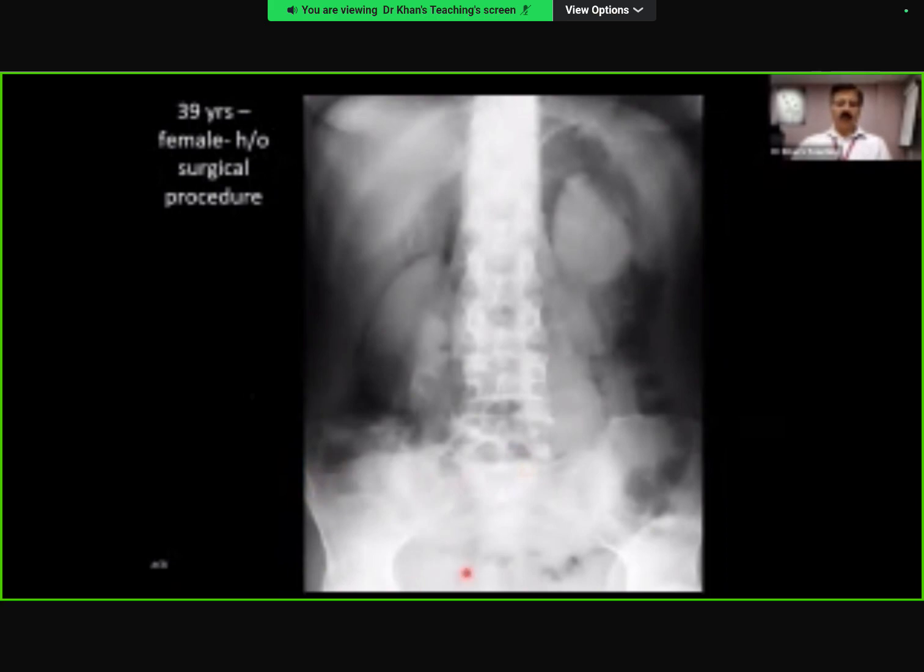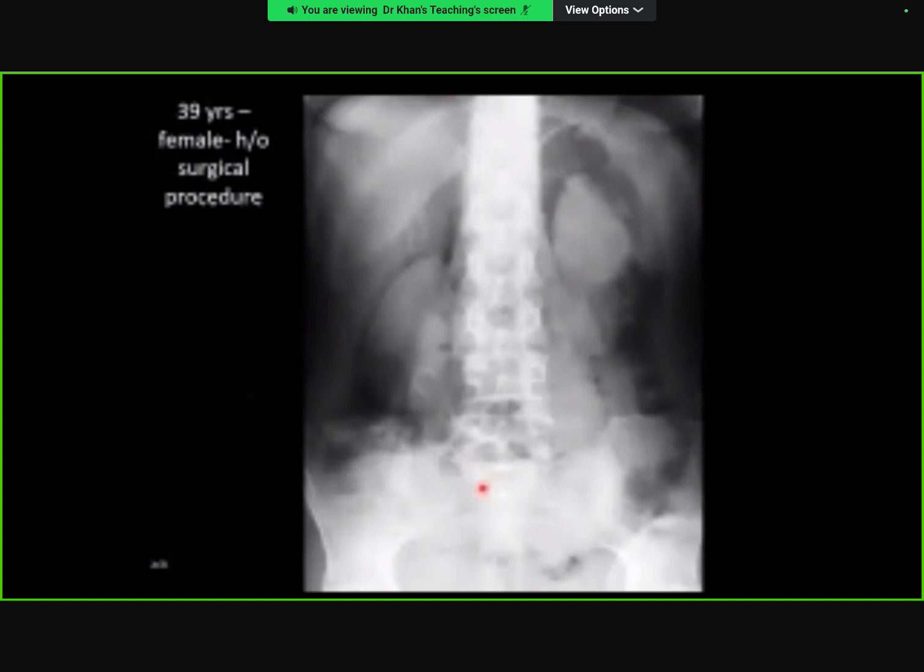Okay, over to you. Where is this gas? What's happening? In this plain abdomen X-ray, I can see gas outlining the psoas muscle as well, and kidneys. So the kidney is quite delineated. So it's a retroperitoneal gas. Yeah.